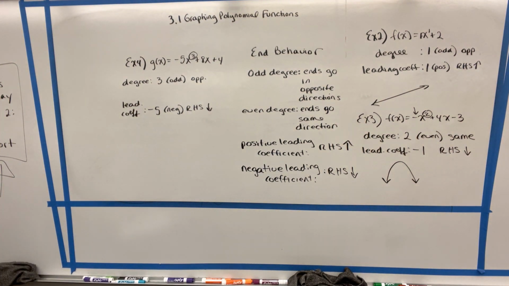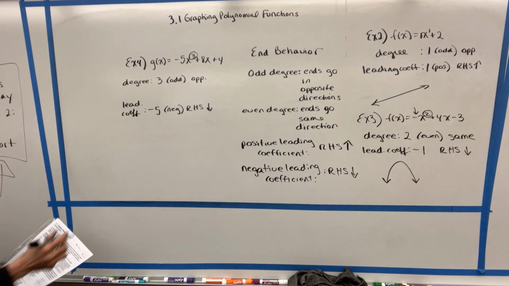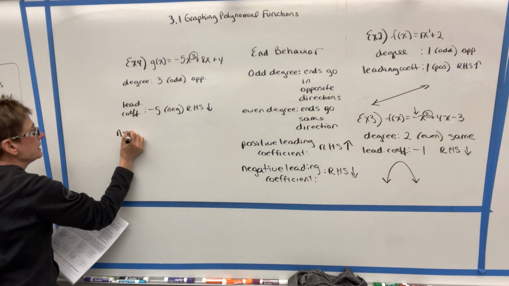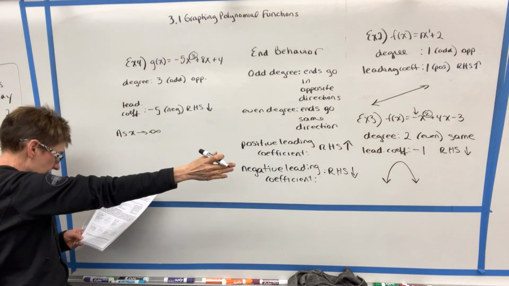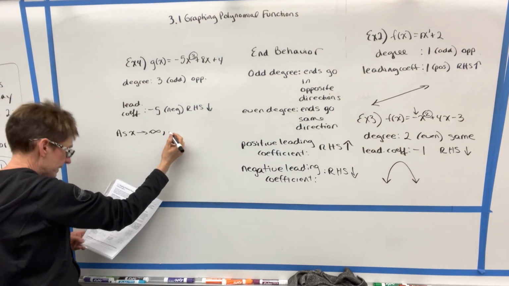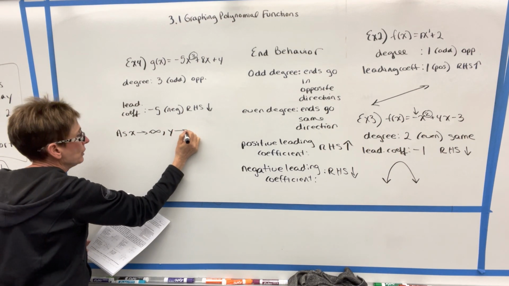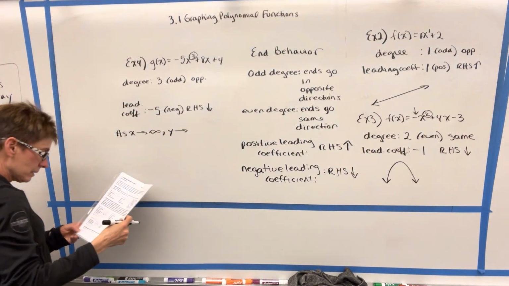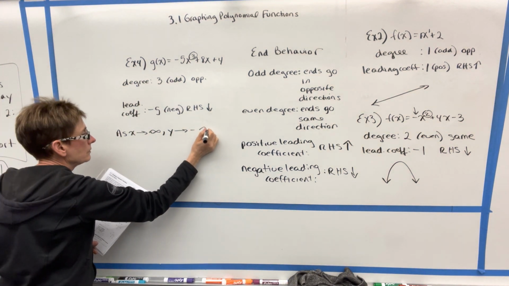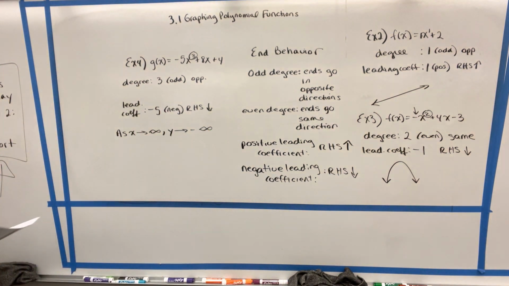Now, one way that we can describe this mathematically, instead of saying right-hand side, we can say as x approaches infinity. That means as x is going to the right, then we say that y approaches negative infinity. So that is a fancy way of saying that the right-hand side goes down.